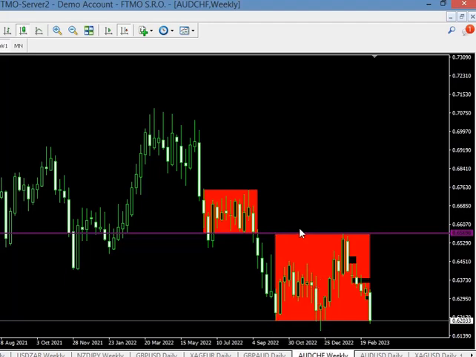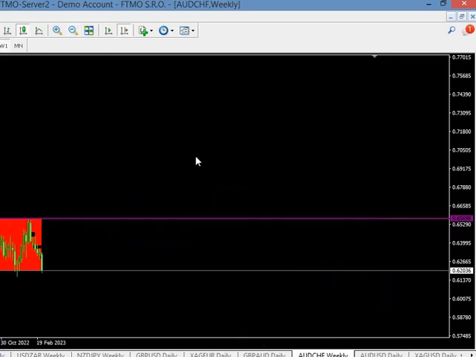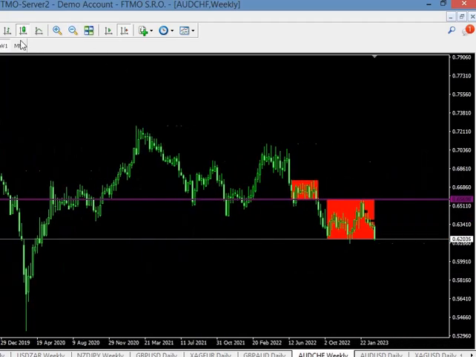So the market has been in consolidation on the weekly chart. So clearly, we're going to zoom out. We've seen that we're in a downtrend.